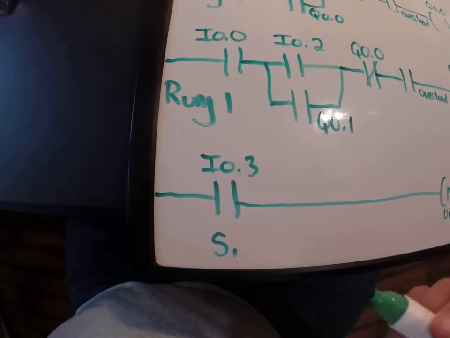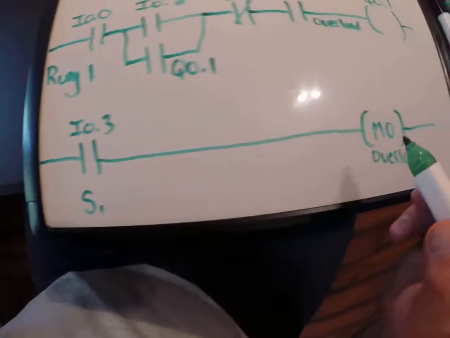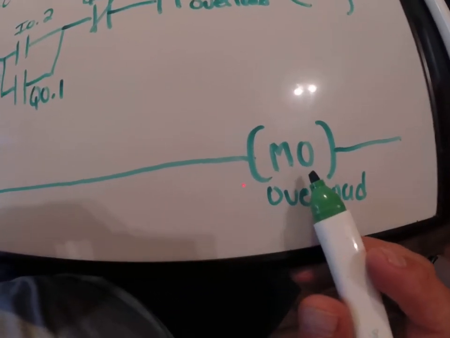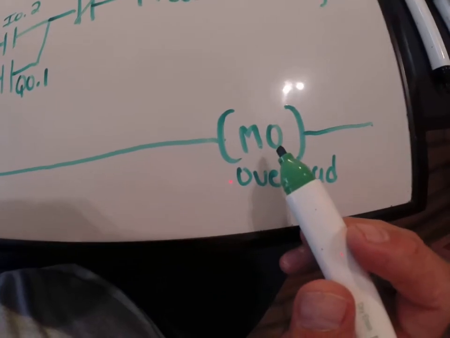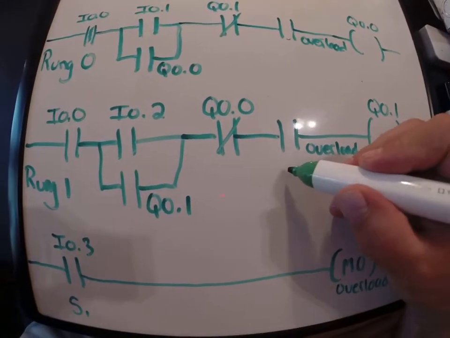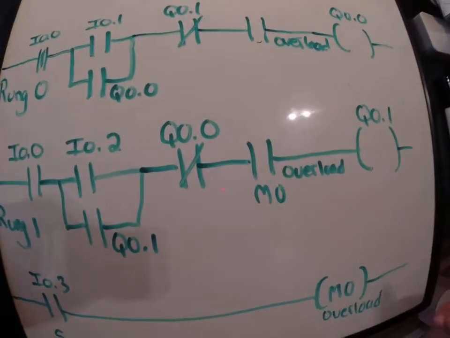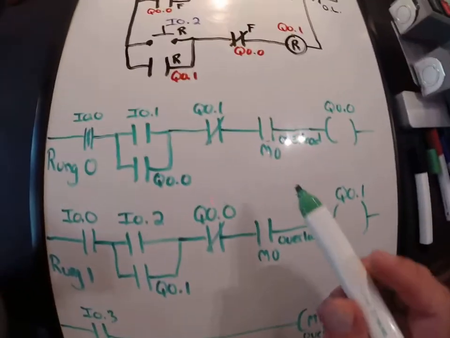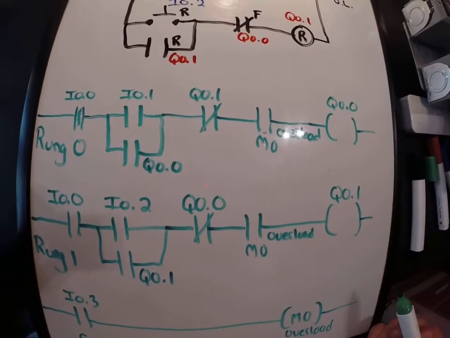And what'll happen, input 3 is going to initiate a memory bit. So anything that's tied into that M0 becomes that. So that's this. There's my M0. This is acting like a relay. So these contacts will then change position.